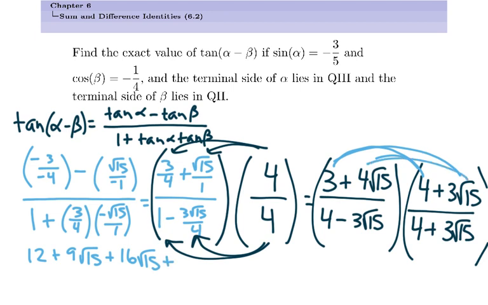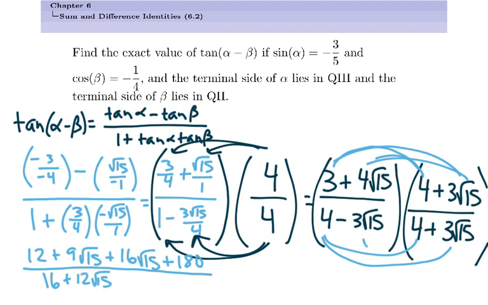Plus 12 times 15. 4 times 4, plus 12 root 15 minus 12 root 15, minus 9 times 15.